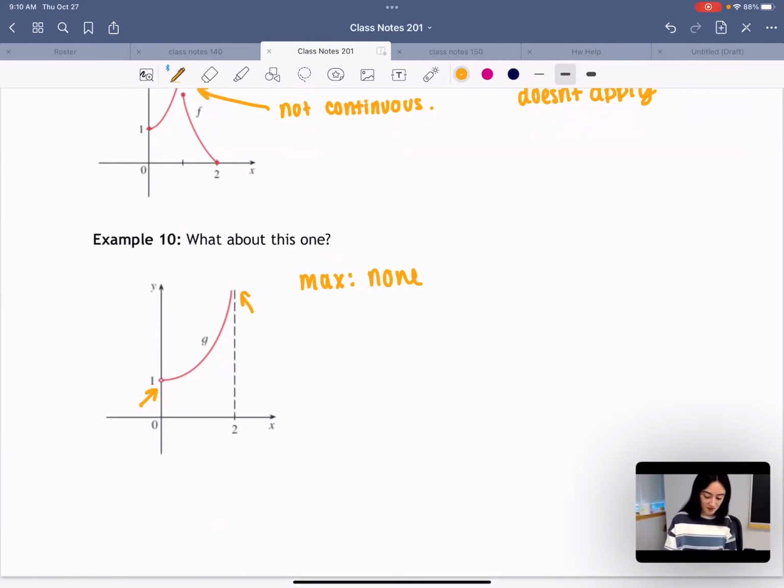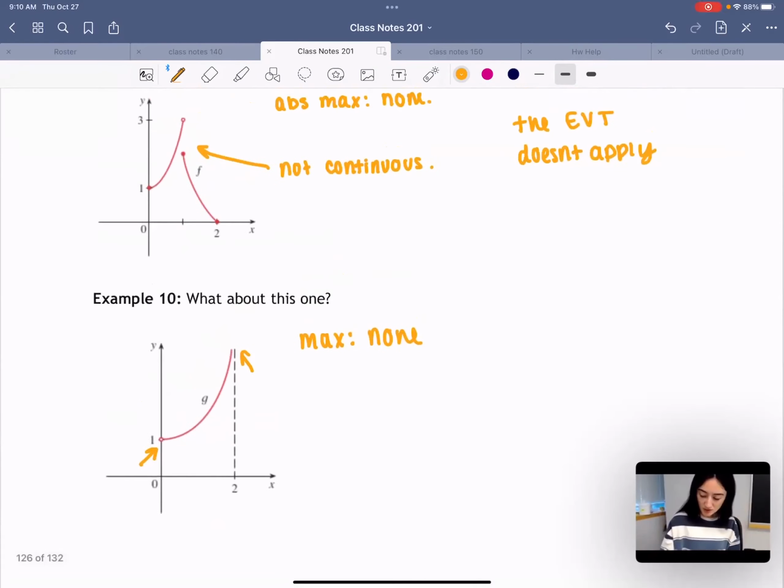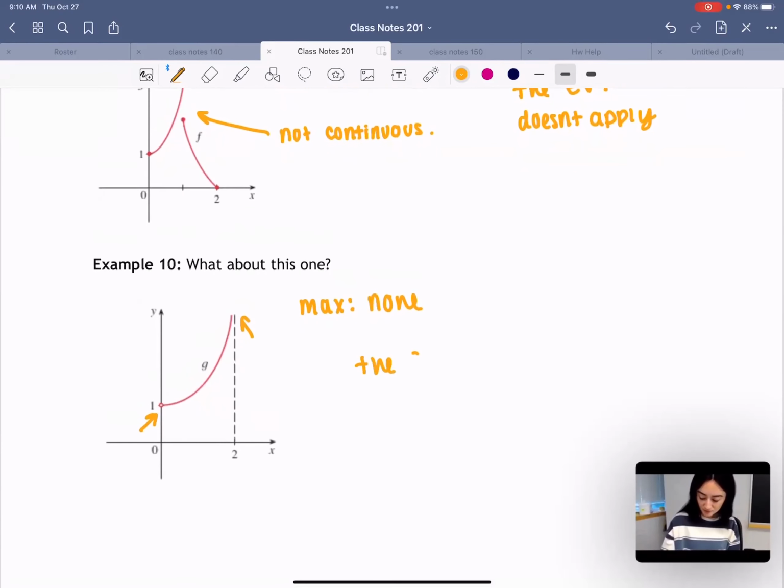There's no solid endpoint at both ends, so this doesn't apply. And that's because we need a closed interval.